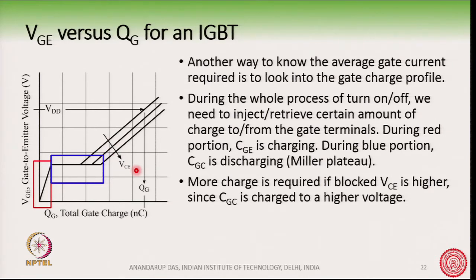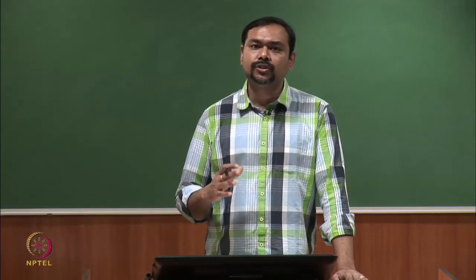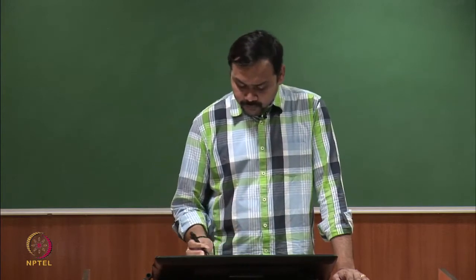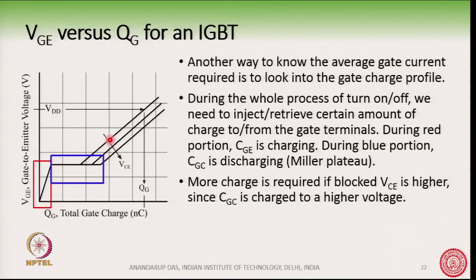Of course, we can understand that if the DC bus is more, then the gate collector capacitance is also charged more, and hence we will need more charge to discharge this capacitor. Therefore, as VCE, or the DC bus voltage, increases, we will require more charge in order to fully turn on the device.